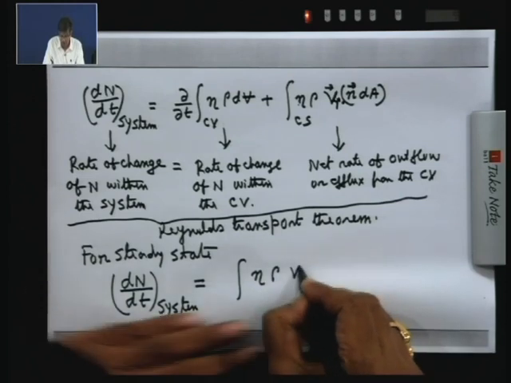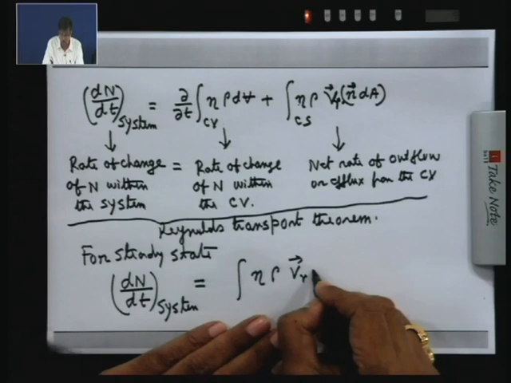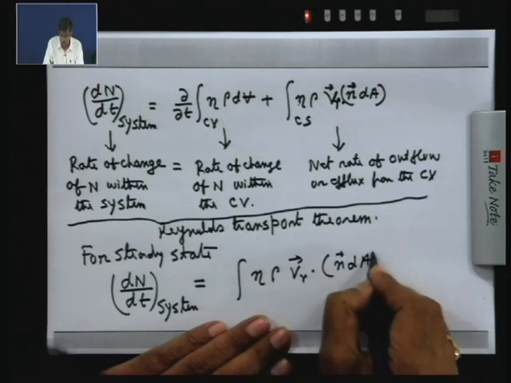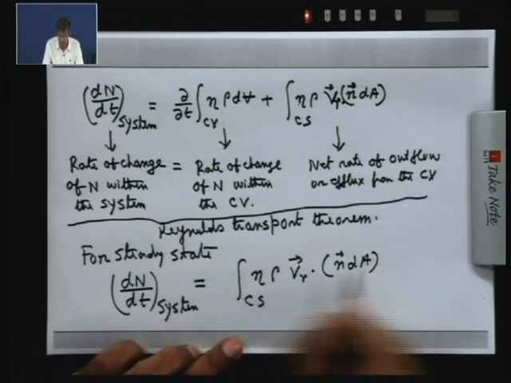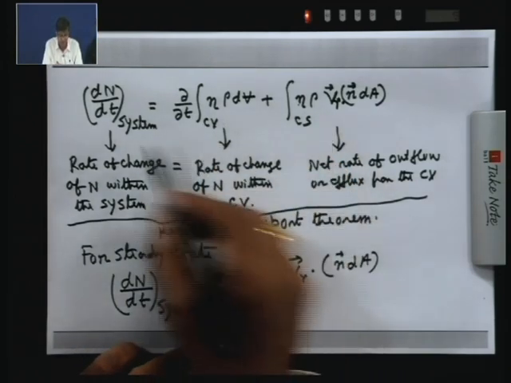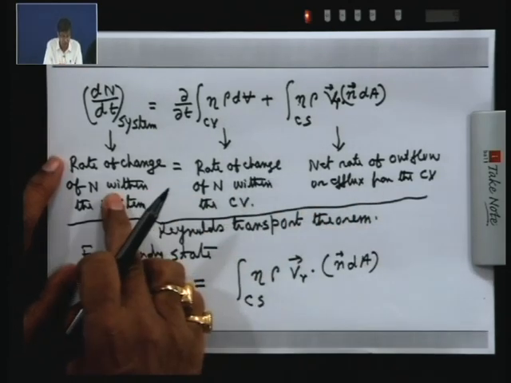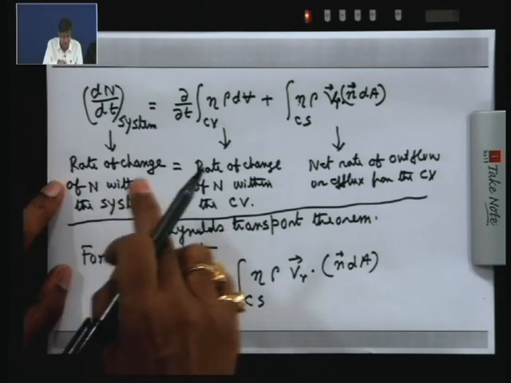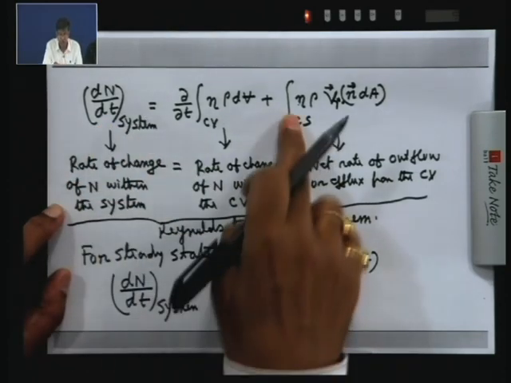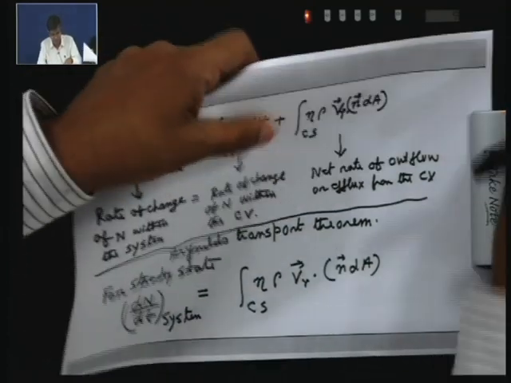I have already told that Vr is the relative velocity with respect to the control volume. This is only for steady state, and with this added term it is the unsteady state. This is the Reynolds transport theorem. This links the changing of a property n within the system to that within the control volume.